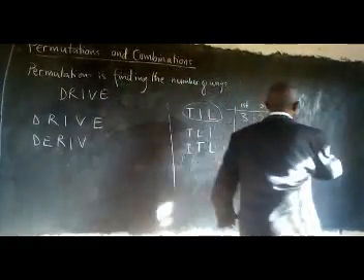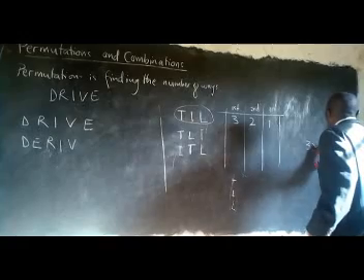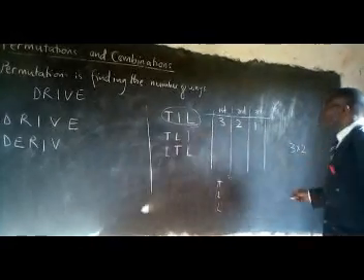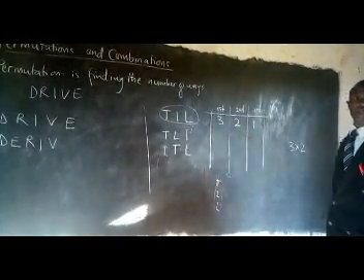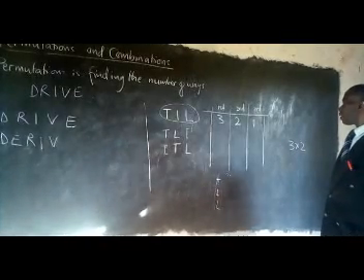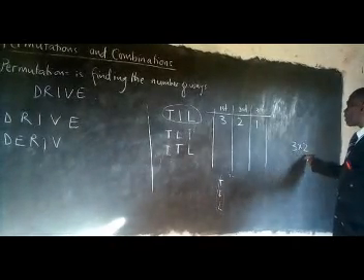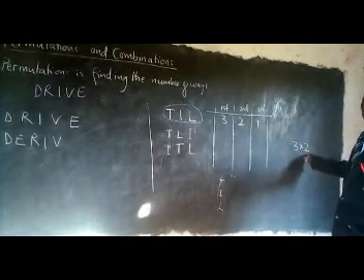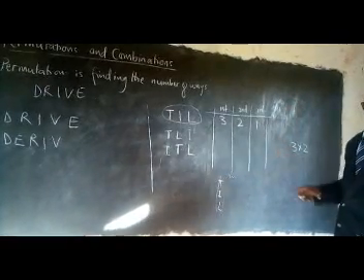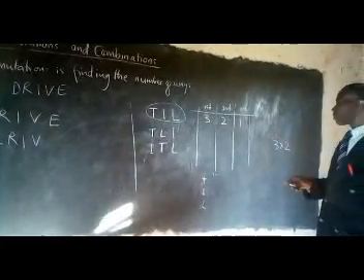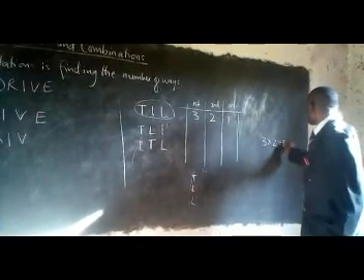That means there are 3 times 2 possible ways of selecting the first and the second letter. And these are 6. Now, over the 6 ways, to choose the third, there is only one way. So you multiply by 1.